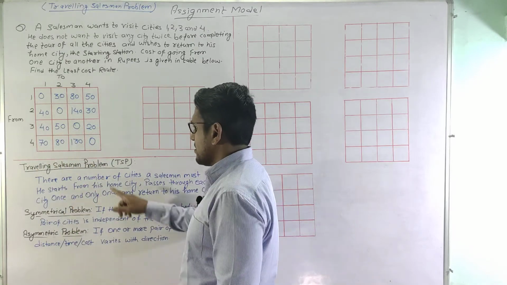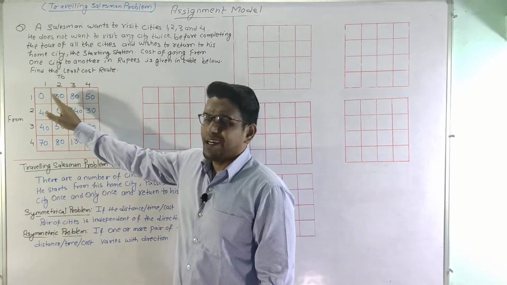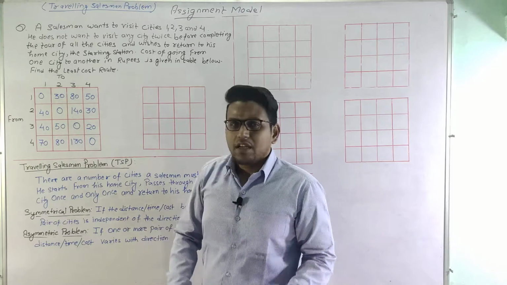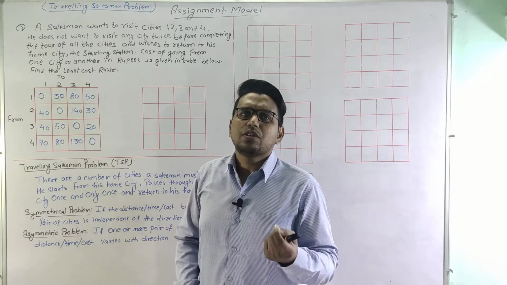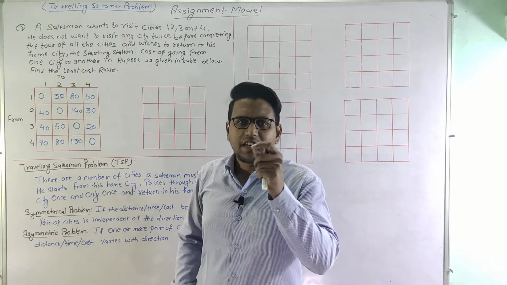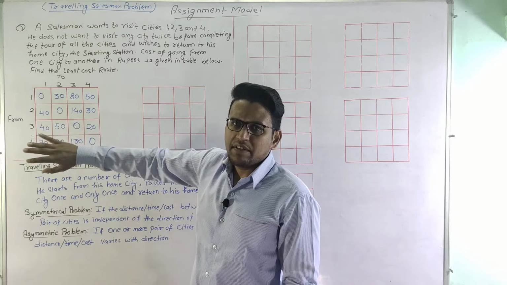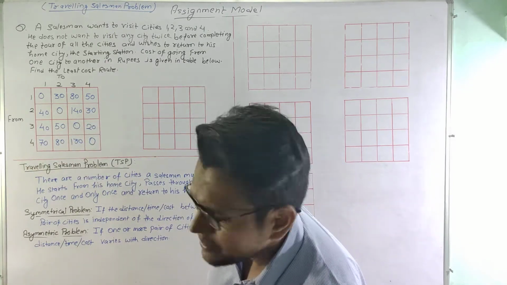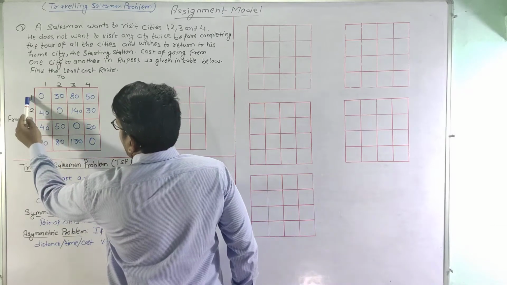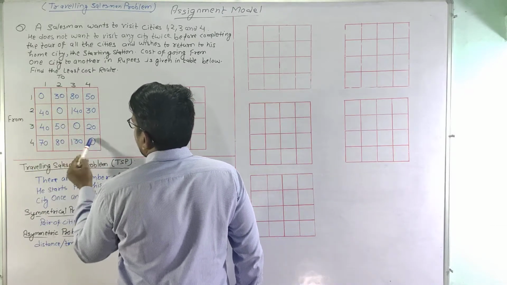This value 0 does not mean anything, because if a salesman visits from city 1 to 1, 2 to 2, 3 to 3 or 4 to 4, it will create a sub tour, which we do not want in the traveling salesman problem. So we will put a penalty for cells 1,1, 2,2, 3,3 and 4,4.